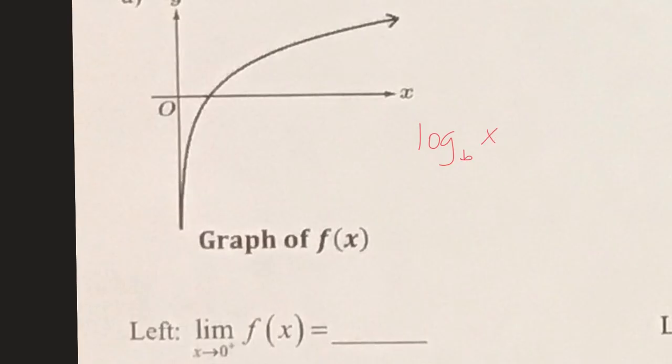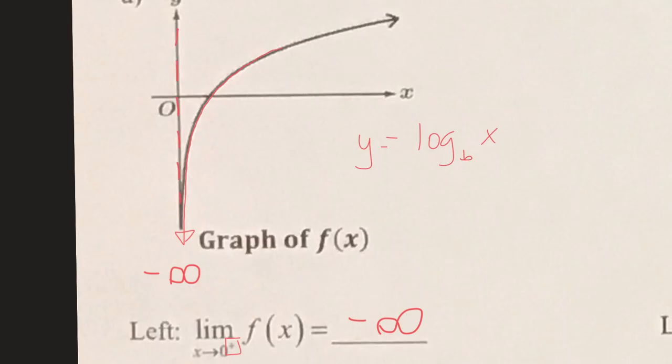As x approaches 0 from the right, we are coming this way towards 0, and the graph goes down. Whenever our graph goes down, the arrow goes down, our infinity sign is negative infinity. We'll never actually get to 0 because there's that vertical asymptote through 0.